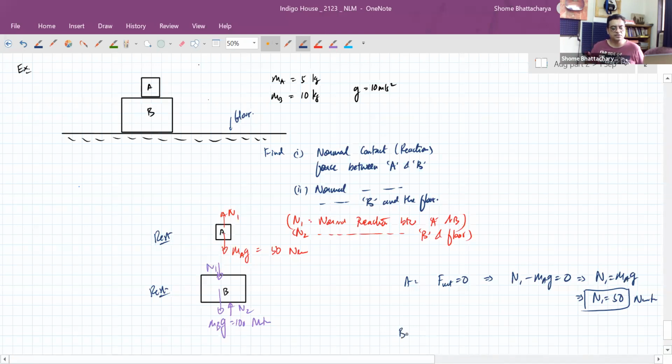So now if you look at B's free body diagram or vector diagram, the net force on it is 0. So N2, which is this force acting on it because of the ground, is balancing these two forces.